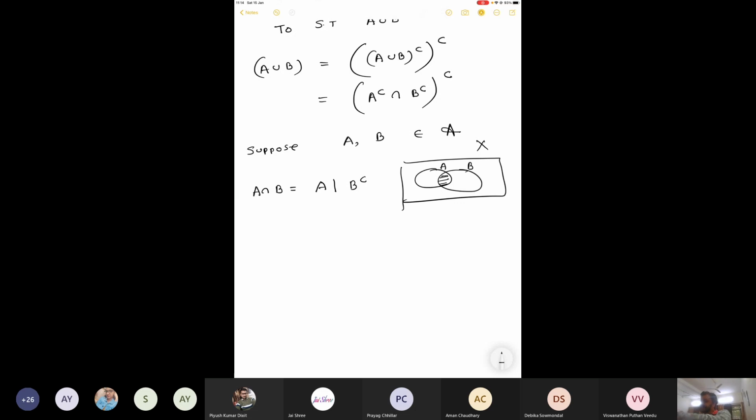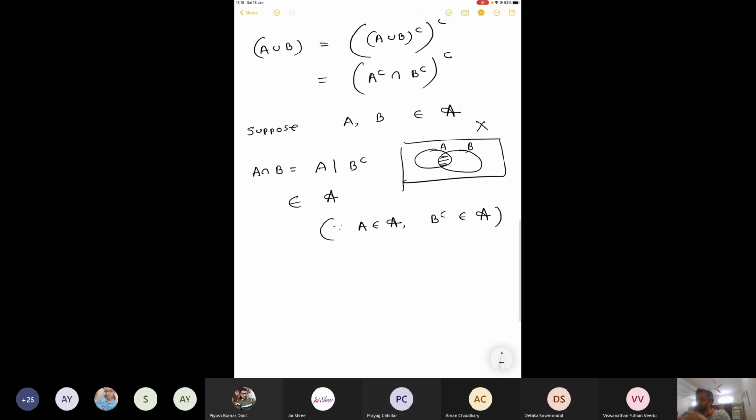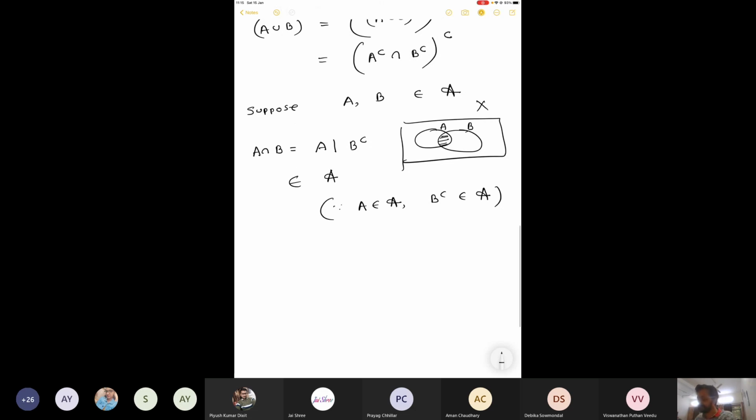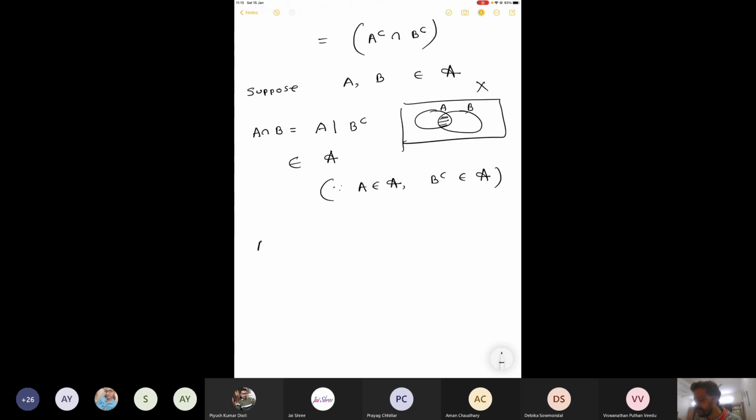When A is in A and B is in A, B complement is in A, as we already proved. So whenever you pick two sets in A, their intersection is in A. So A complement intersection B complement is in A.